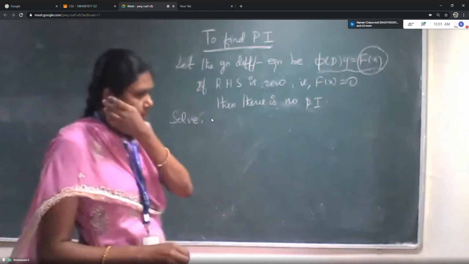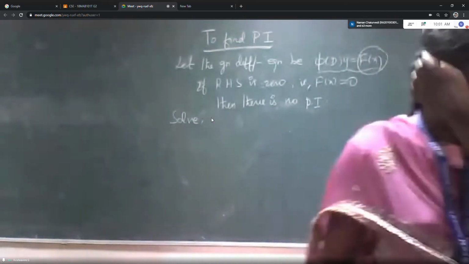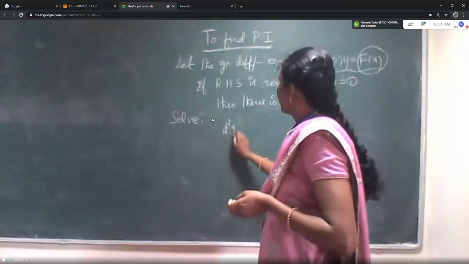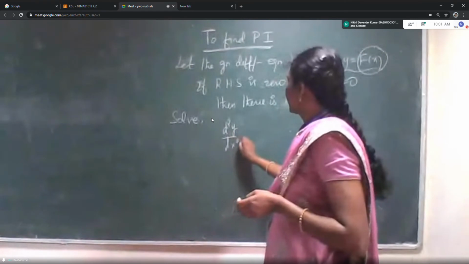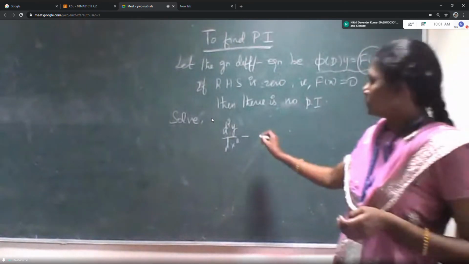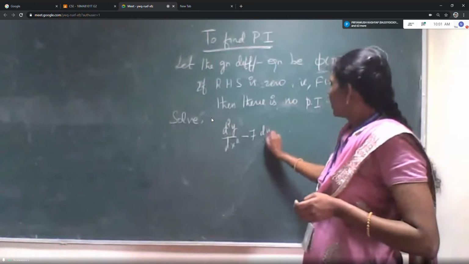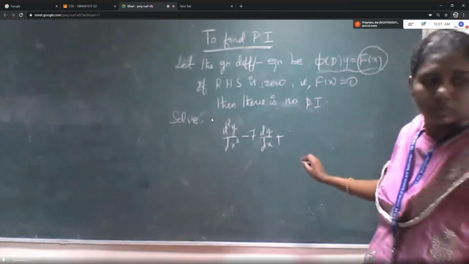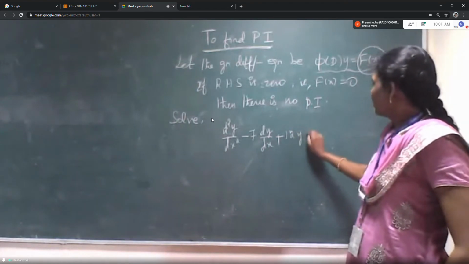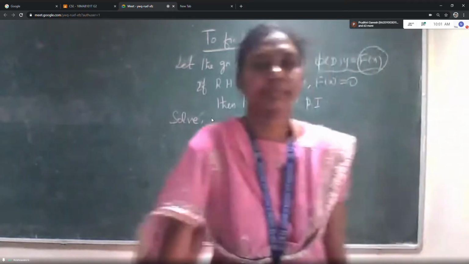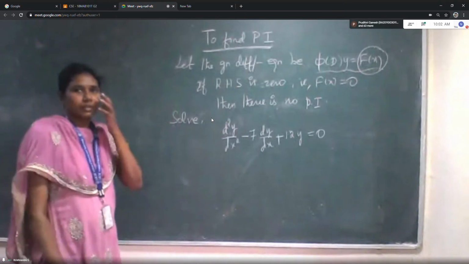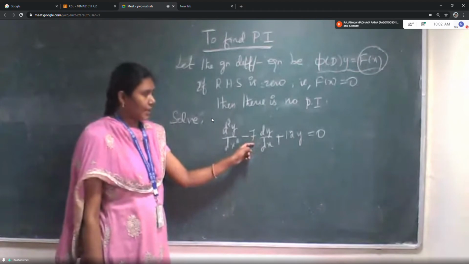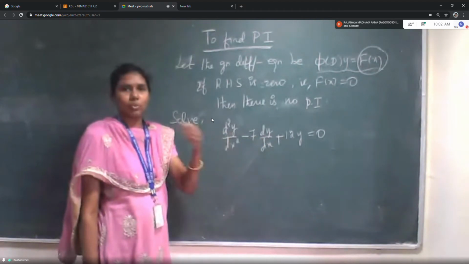Solve problems. Now guys, listen here. Solve d square y by dx square minus 7 dy by dx plus 12y equal to 0.